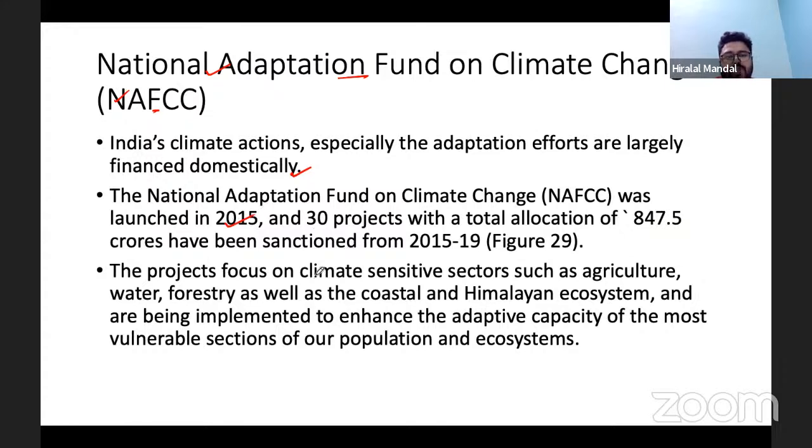It focuses on climate sensitive sectors such as agriculture, water, and forestry, and allows people to adapt to new circumstances, for example, how the agriculture sector will be climate resilient. Adaptation is dealt with through the National Adaptation Fund on Climate Change.